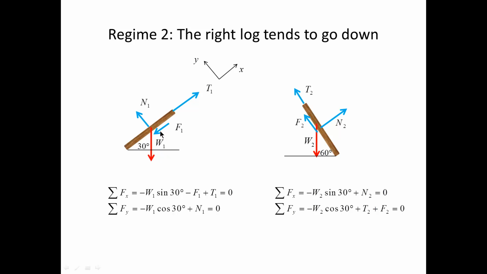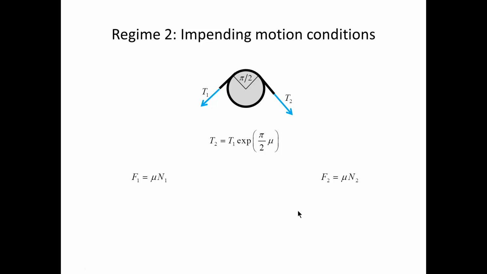Now I have to change the direction of the friction forces in comparison to regime 1, and these directions are consistent with the right log going down and the left log going up. The equilibrium equations, and now the friction condition at the peak emphasizes that the force T2 must be larger than the force T1, because now the friction helps the left log.